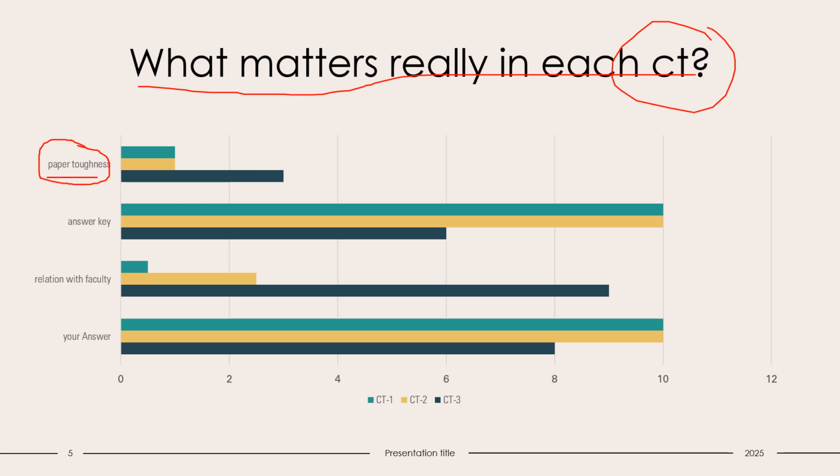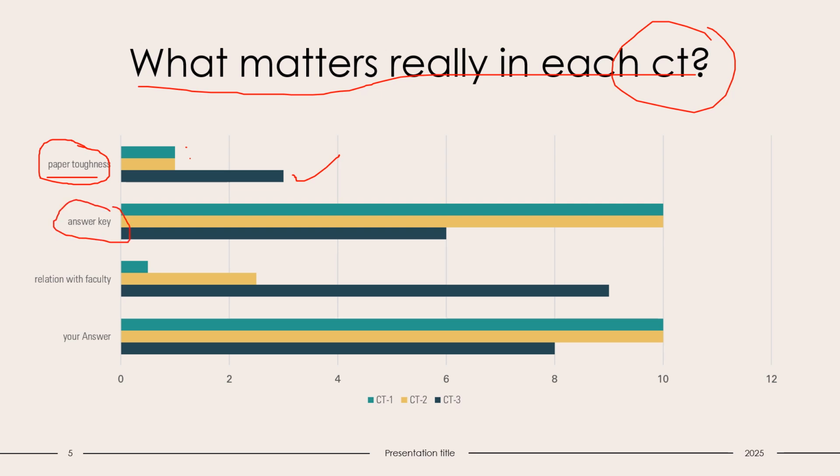It matters most in CT3, because then there are people who have performed very low in CT1 and CT2. So mostly it happens that the paper is not that tough, or even if it's tough, the correction is not as tough as it is in CT1 and CT2.